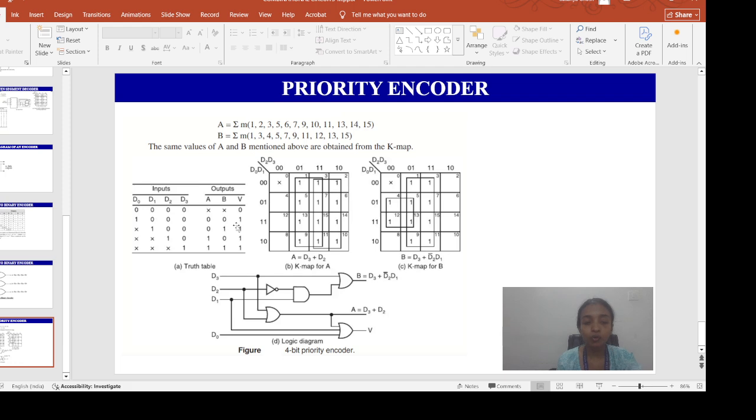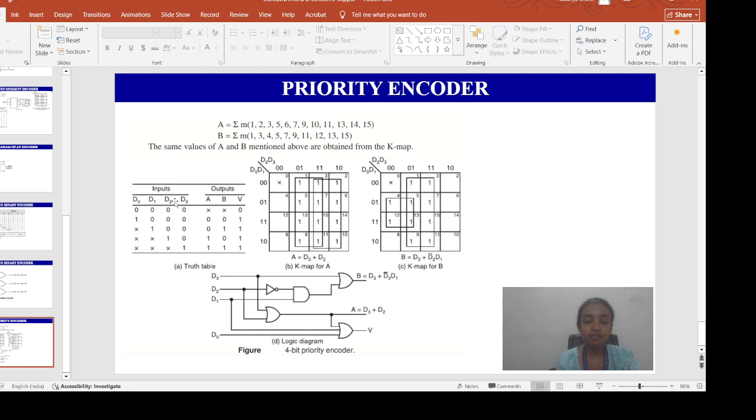Okay, so as per this truth table, the higher the subscript number, what is the subscript number? The higher the subscript number, the higher is the priority of the input. Let's say input D3 has the priority, because it has the largest subscript compared to D0, D1 and D2.